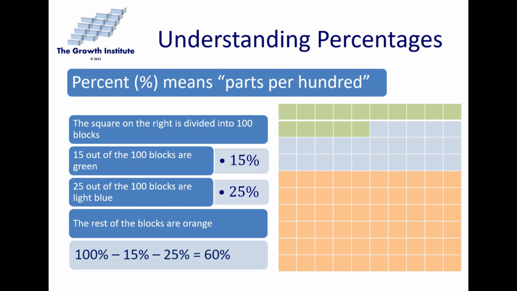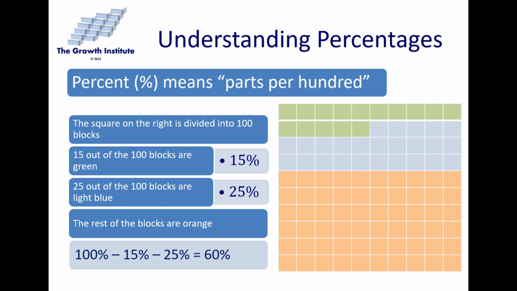So there you have a square. In that square, it is divided into 100 smaller squares of 10 by 10. And what I have done is I colored 15 of the blocks green, 25 of the blocks blue, and the remainder is a pink orange color there.